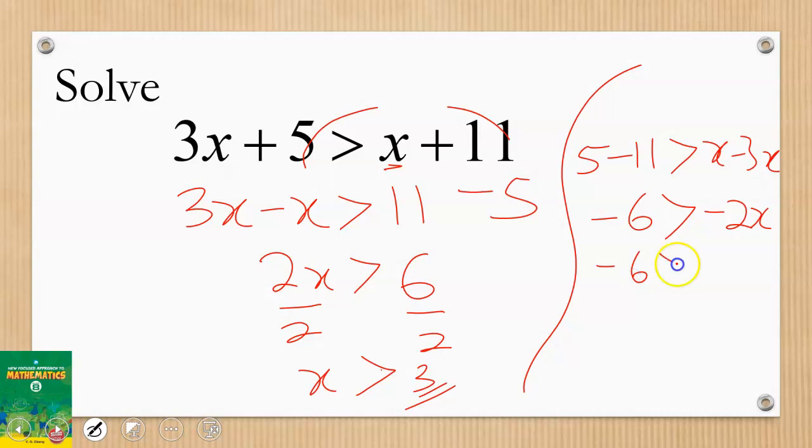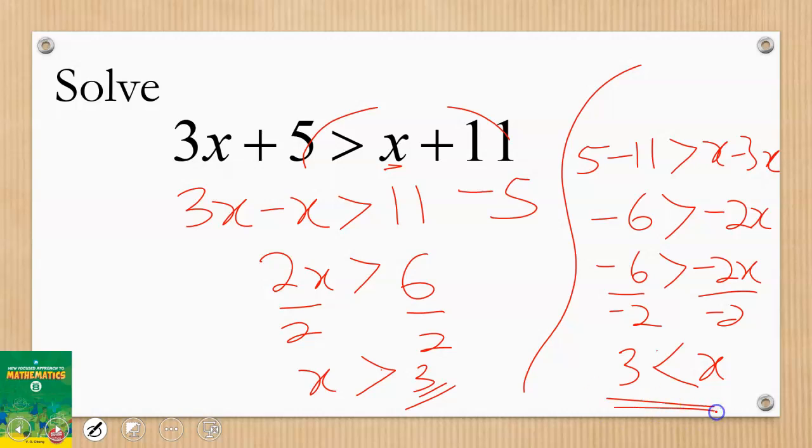If I divide both sides by negative 2, then I have to change the sign, and this is going to give me 3 less than x. So here I will say 3 is less than x. Here I will say x is greater than 3. If I say 3 is less than x and I want to say x first, which we must always do, we say the variable first, then we say x is greater than 3.